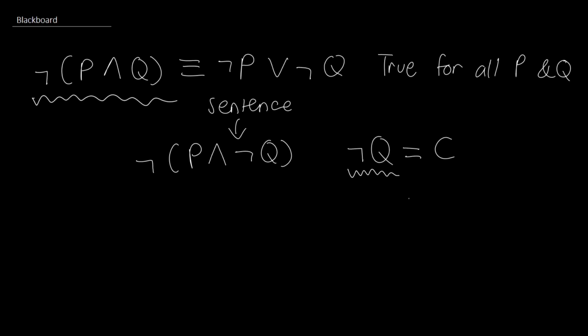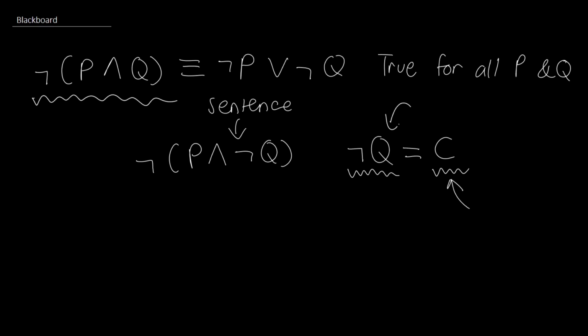But who is out there forbidding you to create a new statement? So that's what you do. You create a new statement, right? And then you call it C. And what meaning do you assign to it? Well, I assigned the meaning, the Queen does not go to Starbucks. And nobody's stopping you from doing that.